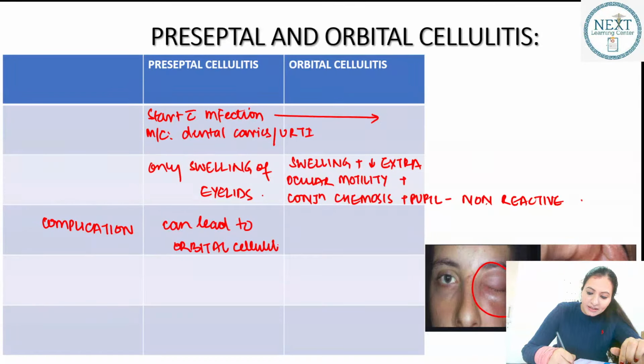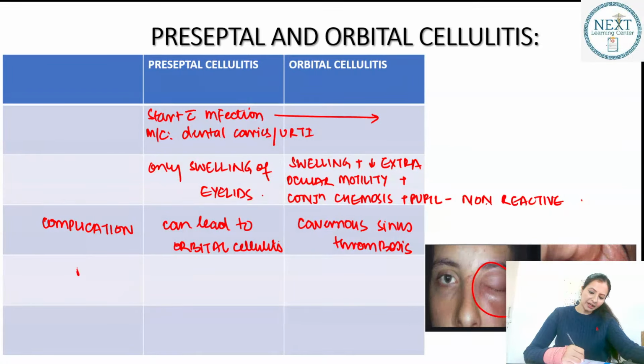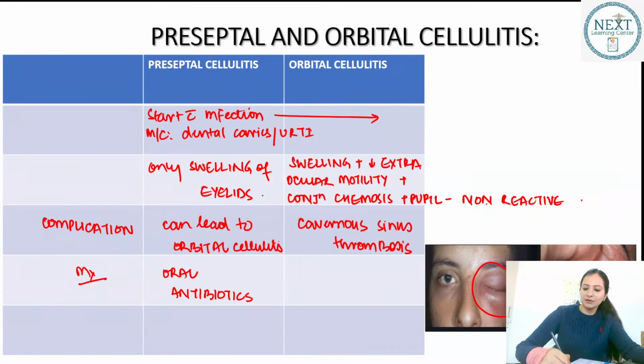And orbital cellulitis, if it is not treated on time, it can lead to cavernous sinus thrombosis. The management of preseptal cellulitis is nothing but oral antibiotics. For orbital cellulitis, it is immediate hospitalization with IV antibiotics.